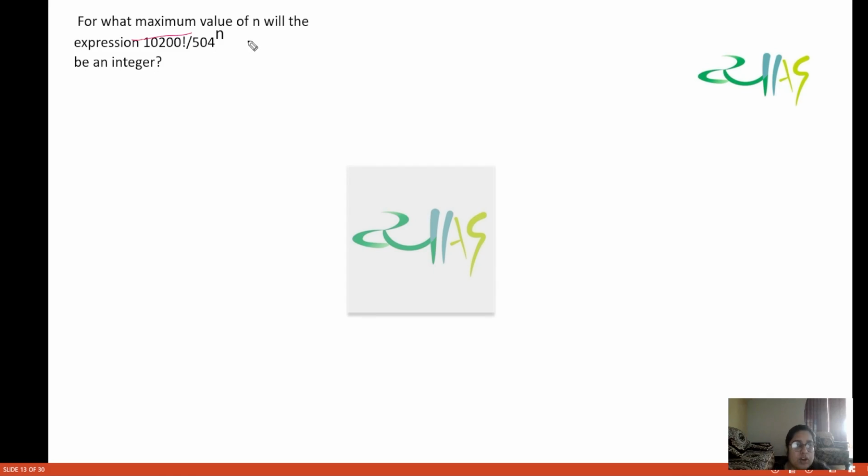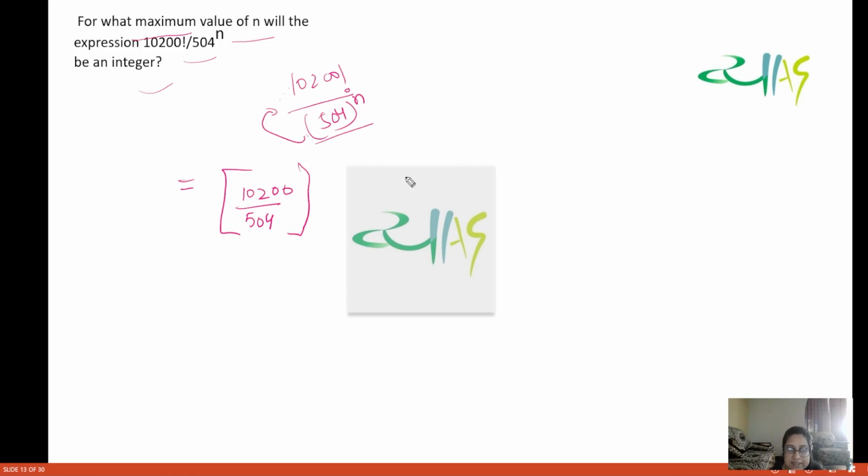Students, it is asking for what maximum value of n will the expression 10,200 factorial be divisible by 504 to the power n. So how will we do this? We know that to get the power of this number in factorial, we just need to see the greatest integer in division, plus we raise to the power also if it is possible.